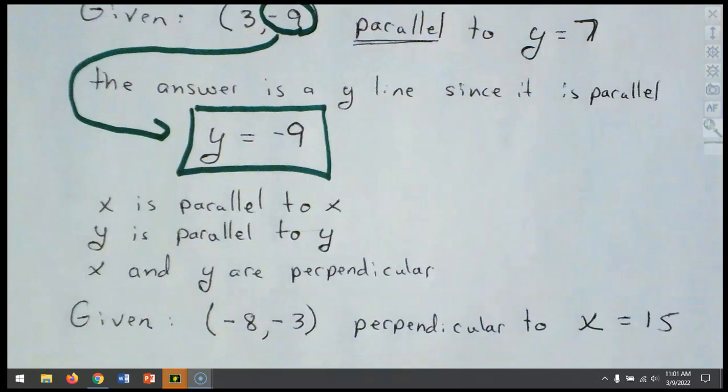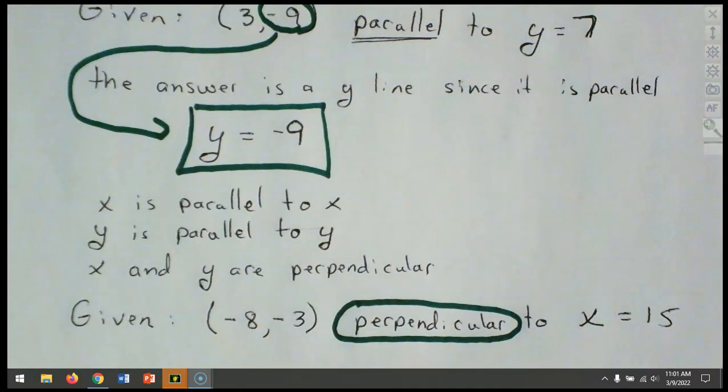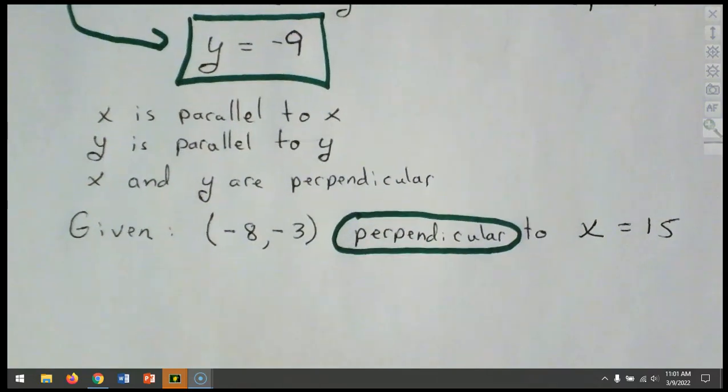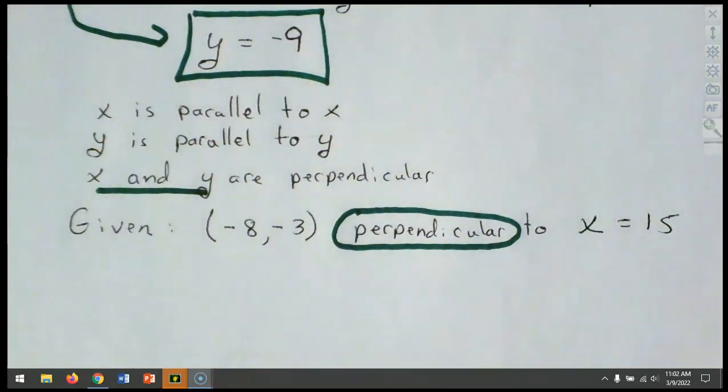So this is what we have. We have a point, and we want it to be perpendicular. Now, if it is perpendicular, that's the opposite, right? Opposite or negative reciprocal. So when we talk about perpendicular, we're thinking of it in terms of an opposite. So what's the opposite of an x line? Opposite of an x line would be a y line.